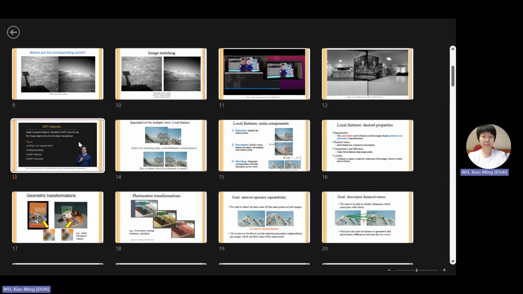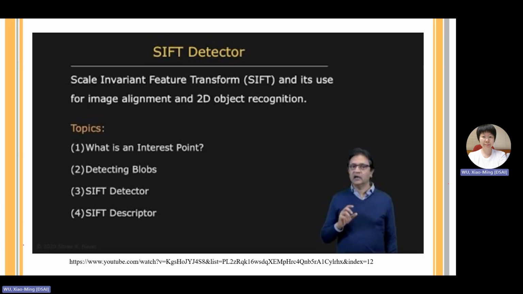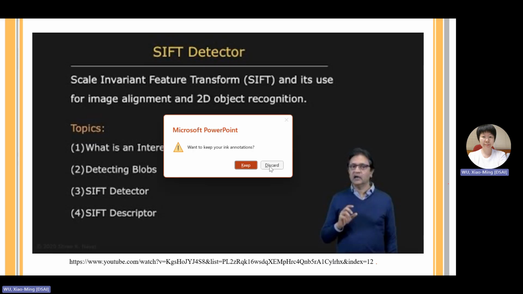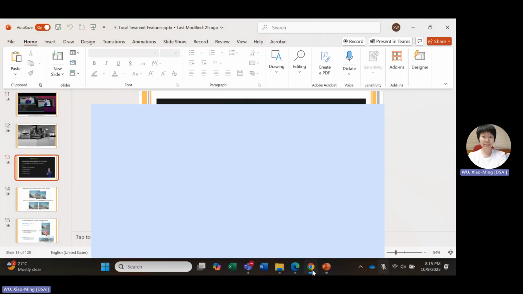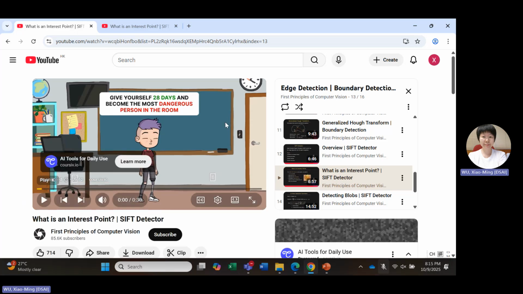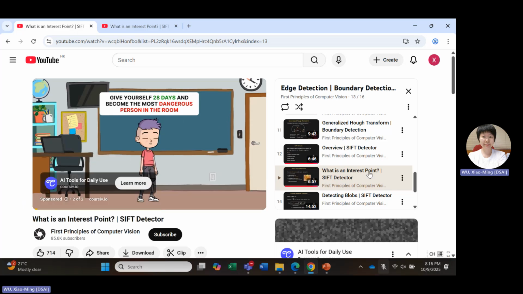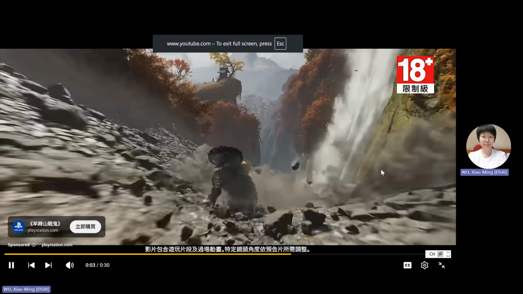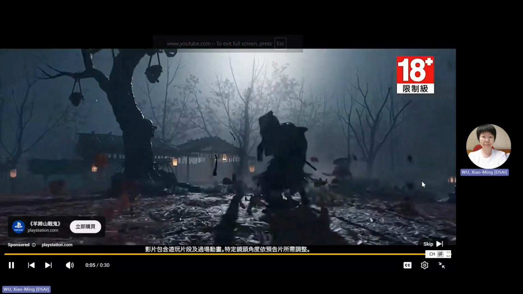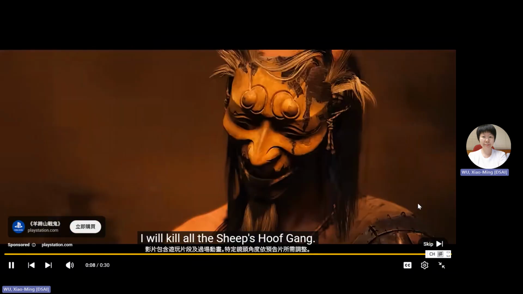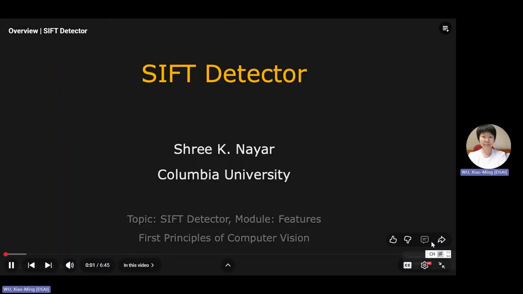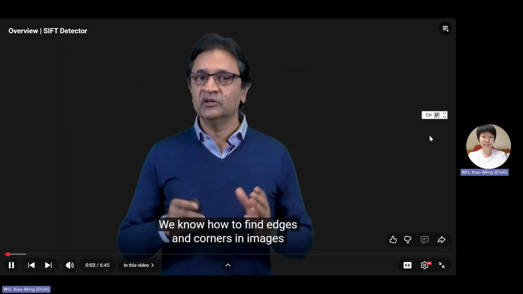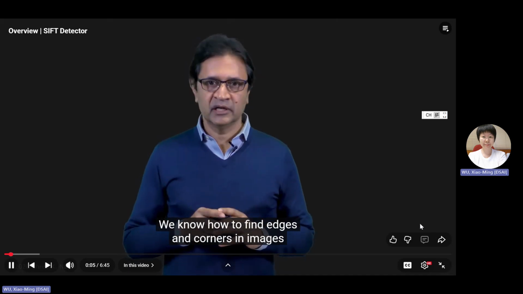Let's watch this introduction of SIFT detector. We know how to find edges and corners in images.